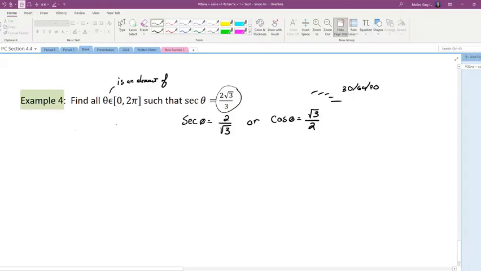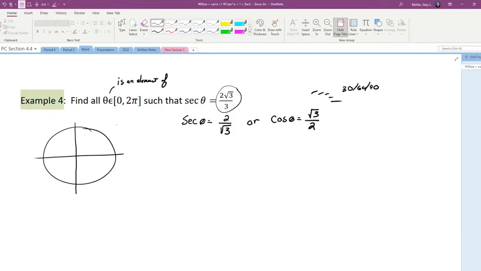Let's now think about this from a unit circle perspective. I'm looking at a cosine of root 3 over 2. Cosine is the x value. This is root 3 over 2, this is a half, this is simply pi over 6. Right? Pi over 6, half, root 3 over 2, and 1.